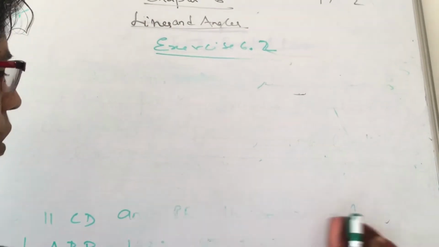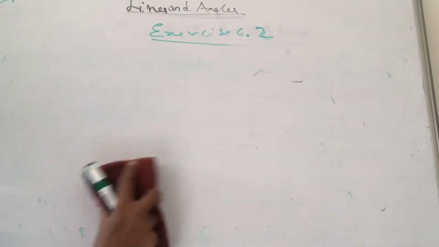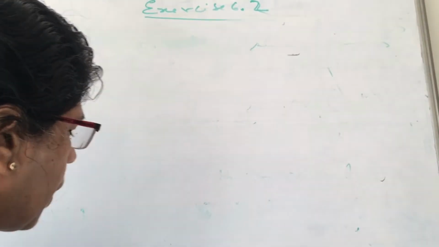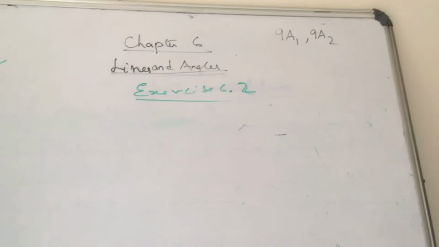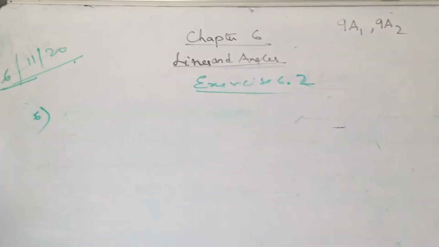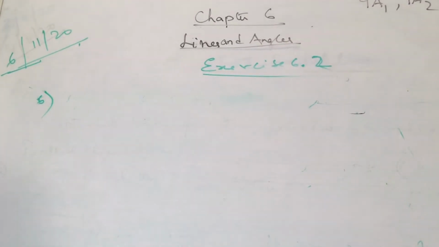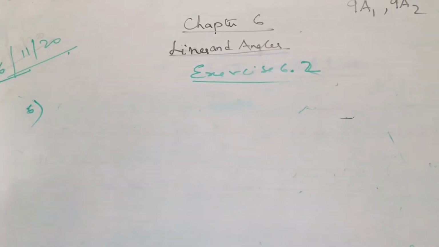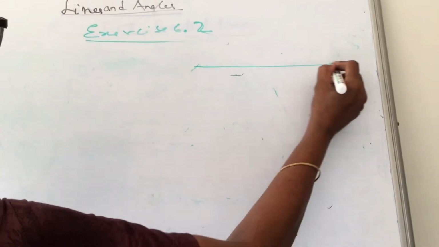Coming to the next question, children. Question number 6. The sixth question. A figure is already given there for you in the question.